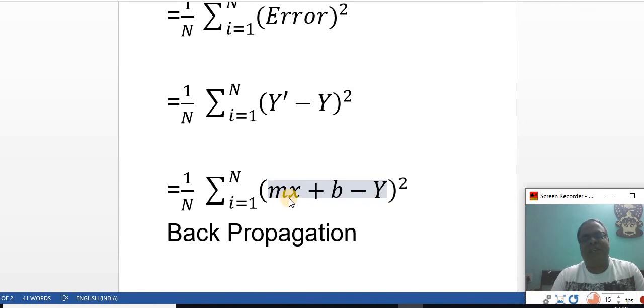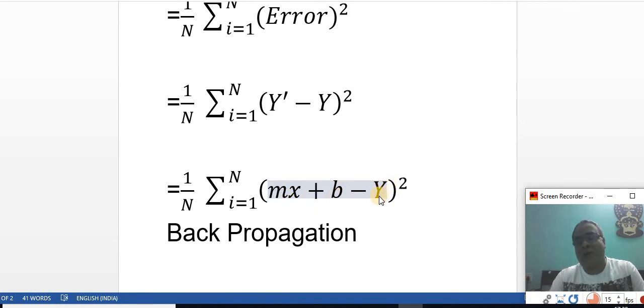When we differentiate mx, you will get x. There x is a constant and m is the variable. Here our variable is the weight m, and when you do the partial differentiation, b and y are constants. And when you differentiate this, again 2 into error.